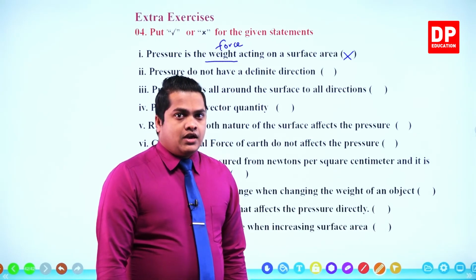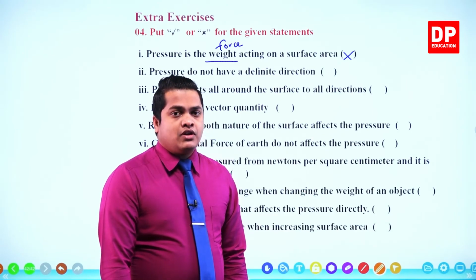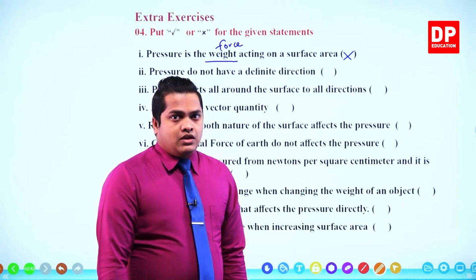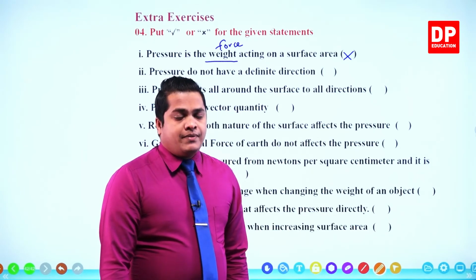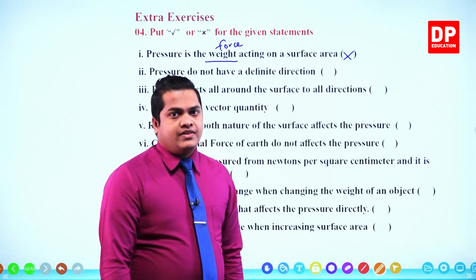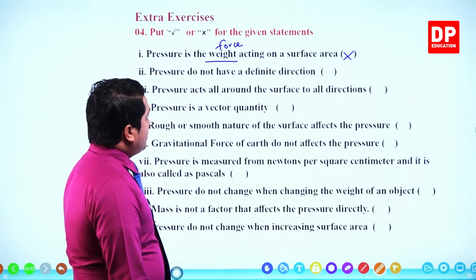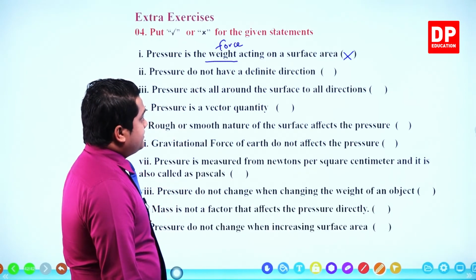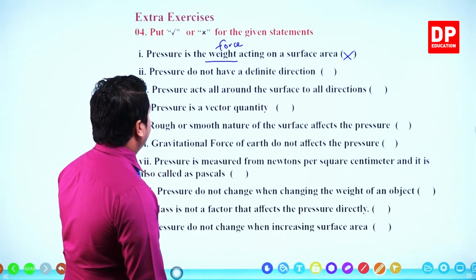However, with the weight, we have to consider the other perpendicular forces as well. So, my dear children, pressure is not the weight acting on a certain surface, but it should be the force acting on a certain surface.